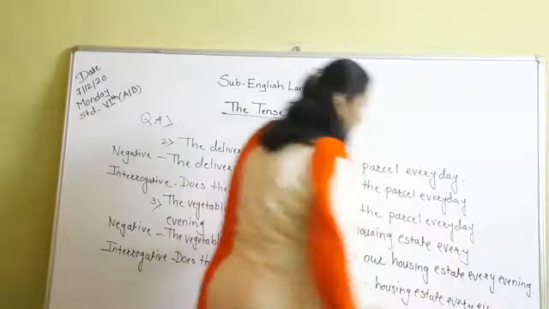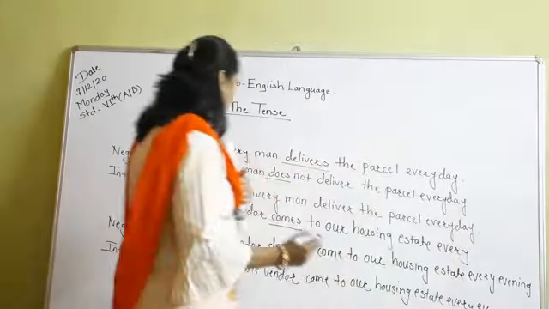And question mark. So have you understood how to form the negative sentence as well as the interrogative sentence?